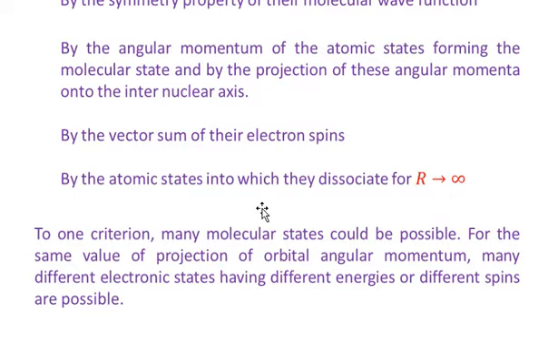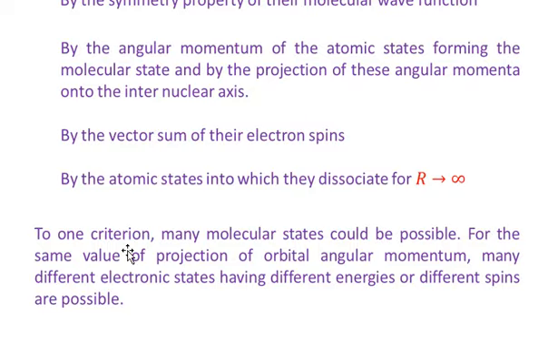So the individual atomic states will also influence the electronic states of the molecule, and different electronic molecular states may result depending upon the individual contribution of the atomic states under the condition that R goes to infinity.